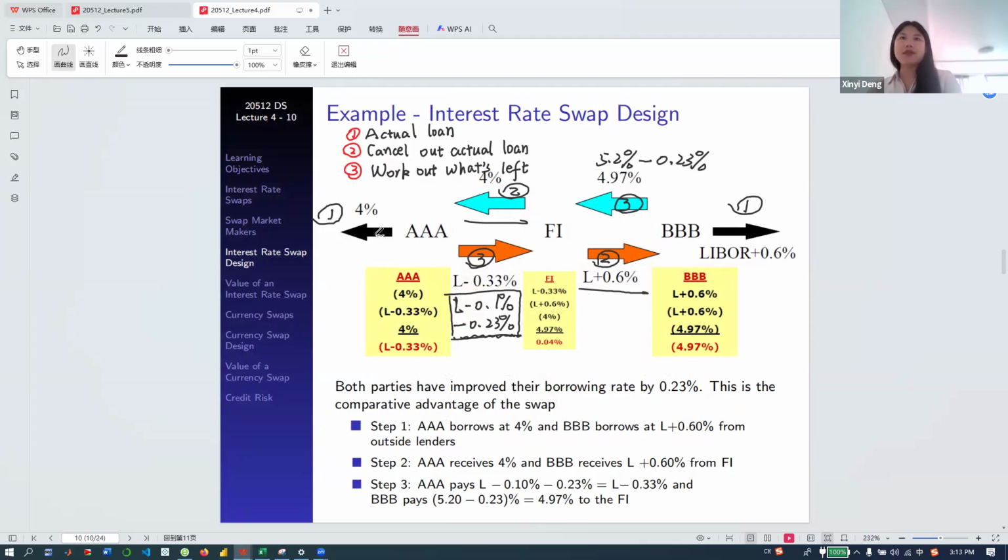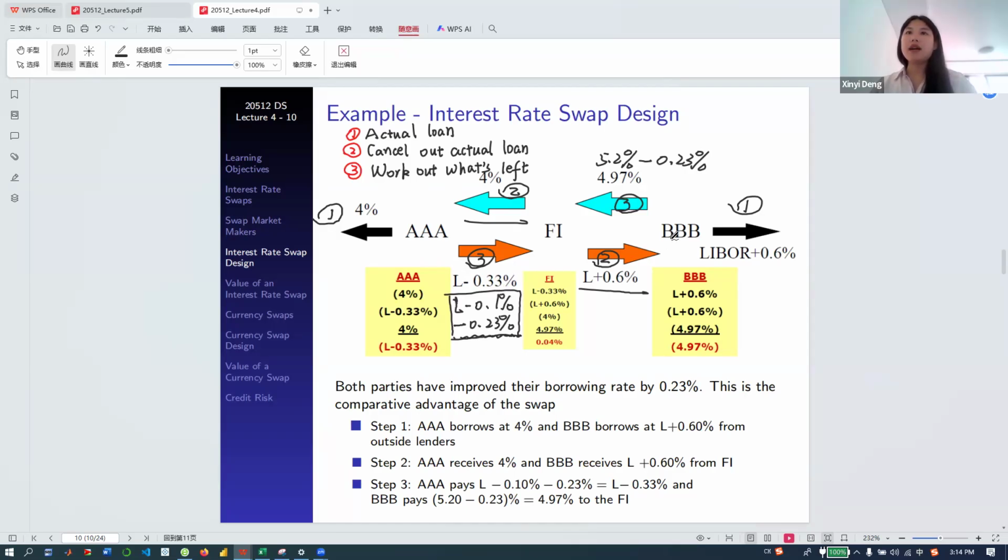rates here. So actually, if we look at AAA, it's paying out 4% and it's receiving 4% as well. So those two things cancel each other out, and its effective borrowing rate would just be LIBOR minus 0.33%.